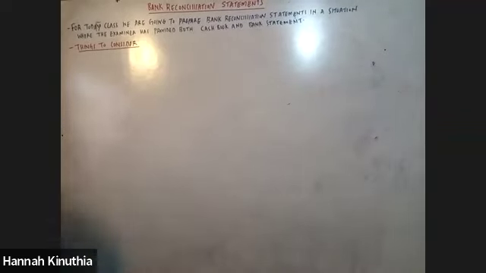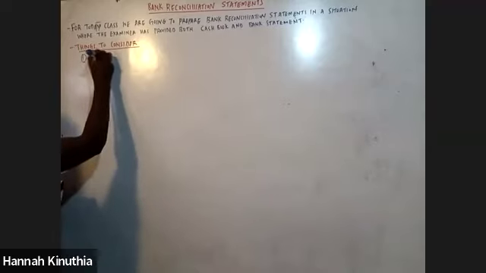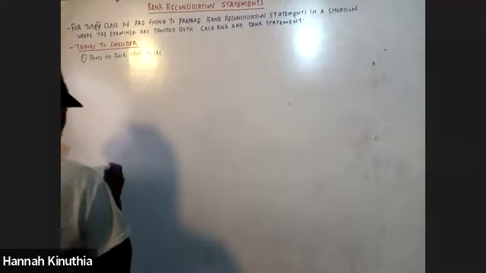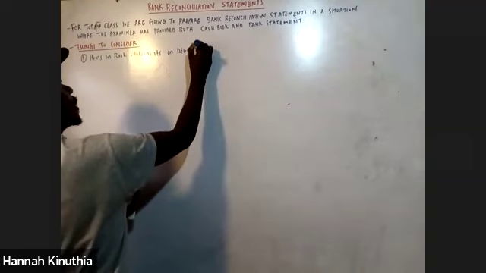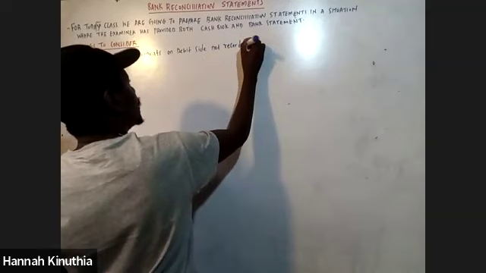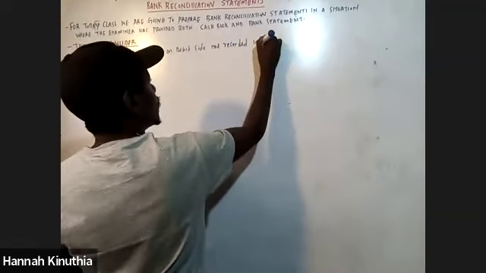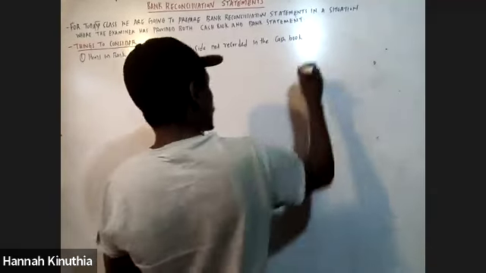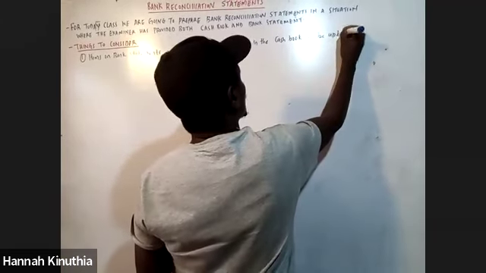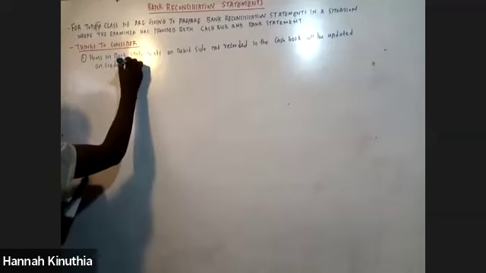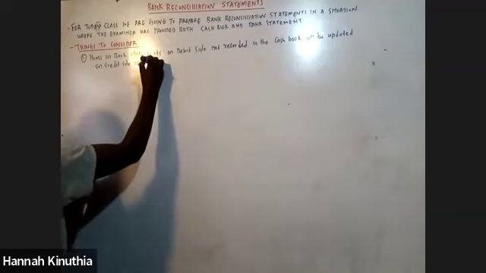So, things to consider. Number one, which is very important: items on the bank statement on the debit side not recorded in the cash book will be updated on the credit side of the new cash book.